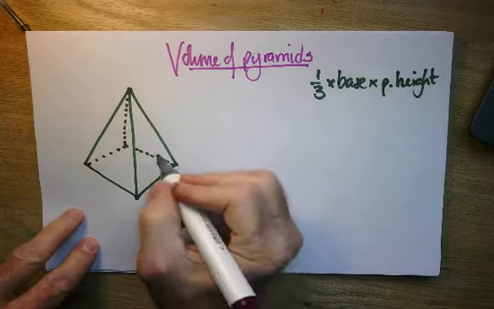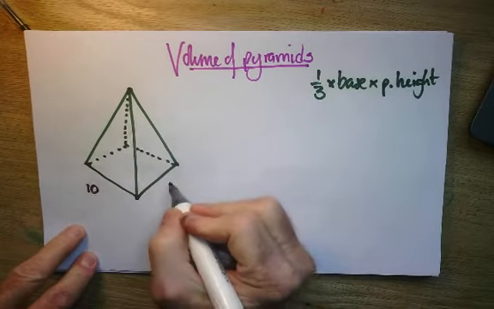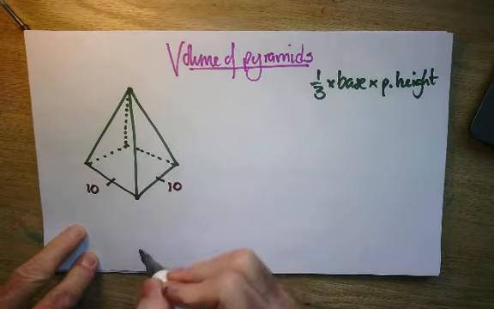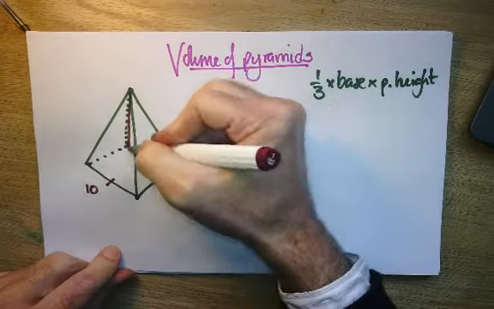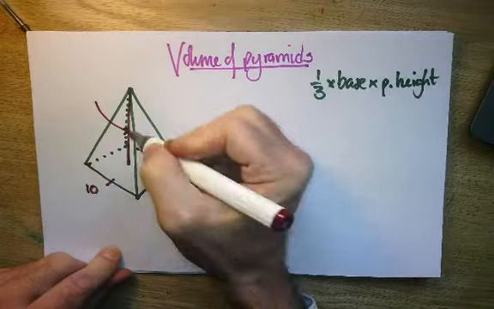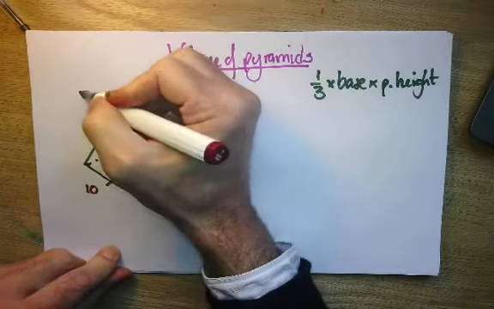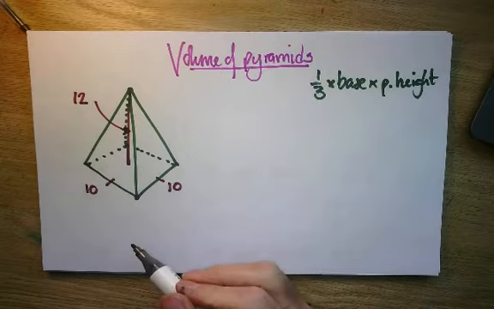So if this is a square base, let's call this base 10 and 10 because it's a square. I now need to know the perpendicular height, which will be this height along here. So let's imagine that height is, say, 12. How do I work out the volume of this?